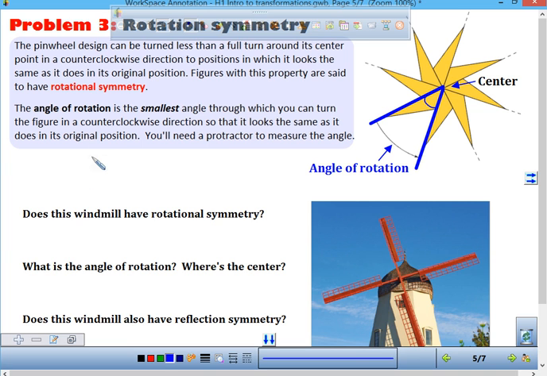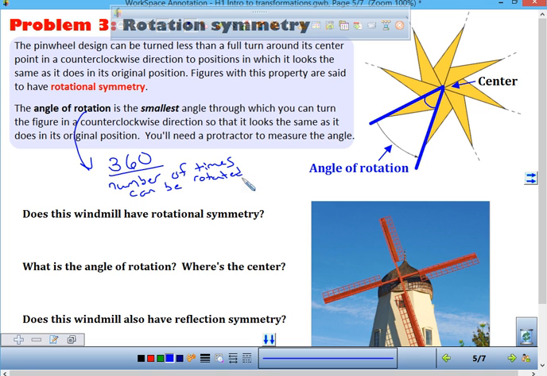So you might want to write that down somewhere. To find the angle of rotation, it's 360 divided by the number of times it can be turned. Can be rotated, I guess.